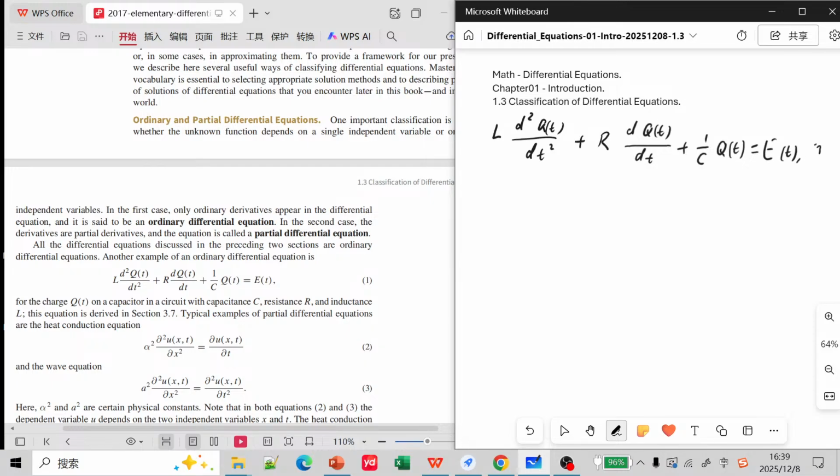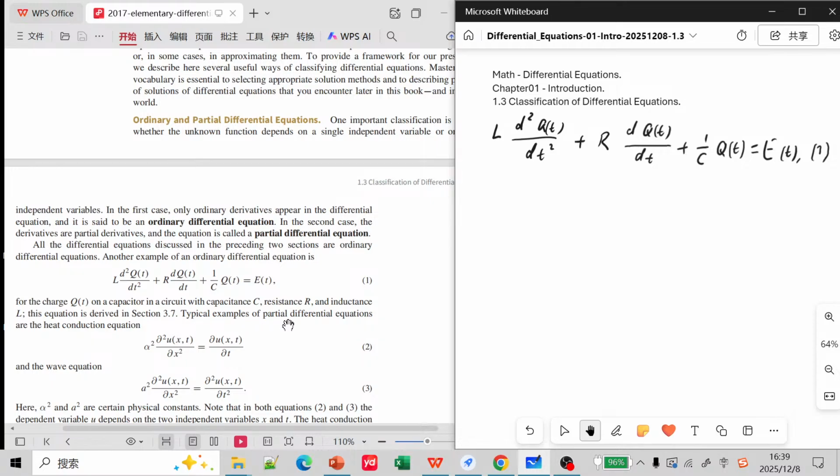This is equation 1, for the charge Q(t) on a capacitor in a circuit with capacitance C, resistance R, and inductance L. This equation is derived in section 3.7.